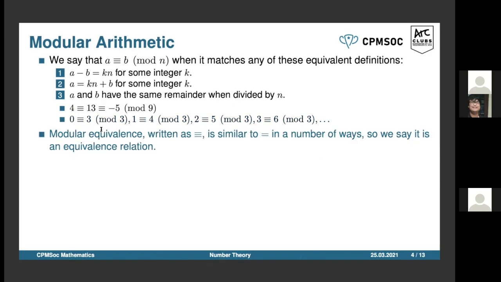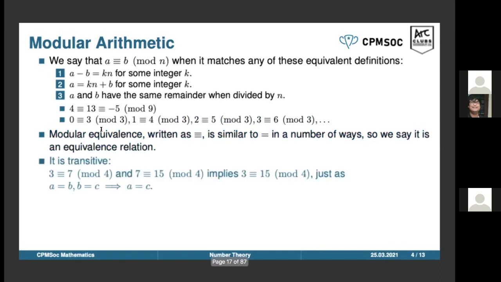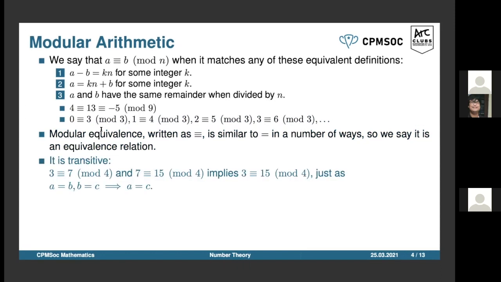So the reason we write it as 3 horizontal lines is because it's very similar to equality, but it's a more generous version of equality that lets more numbers be equal. So if you have 3 equivalent to 7 and 7 equivalent to 15, then you know that 3 is equivalent to 15 in whatever modulus, as long as the modulus is the same.